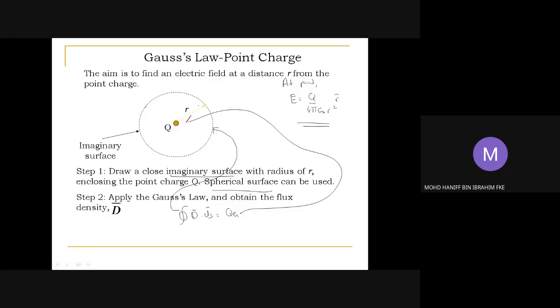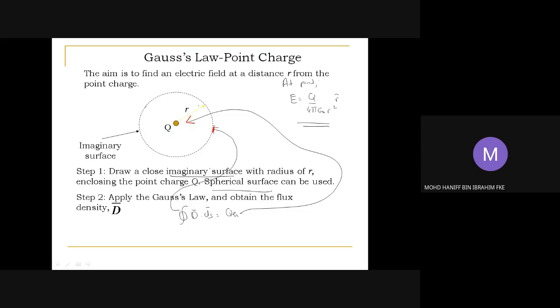I repeat again. The left-hand side of the Gauss law equation is the flux leaving the spherical surface, which is evaluated on this spherical surface itself. That's why I put the arrow on the surface. Whereas the enclosed charge is the charge located inside the Gaussian surface or the closed surface.